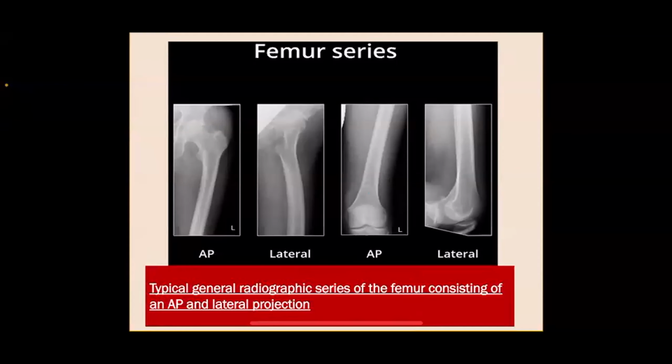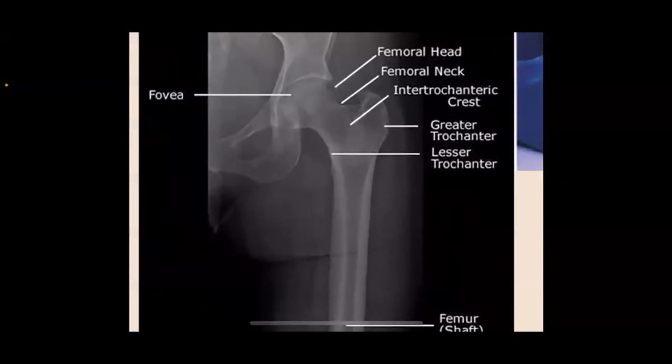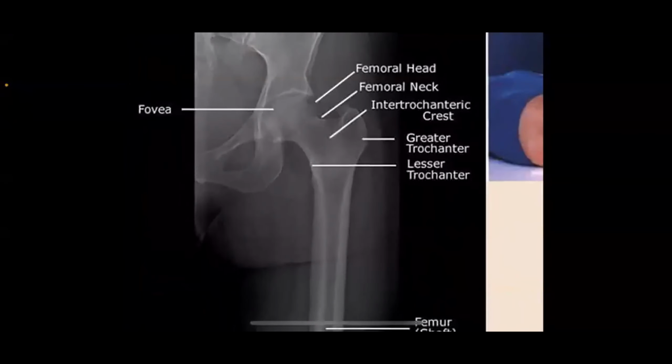Series of the femur. The typical series for the femur is the anterior and lateral views. This is the anterior AP view, showing the femoral head, the neck, the greater and lesser trochanter, also showing the bone density and the cortex.